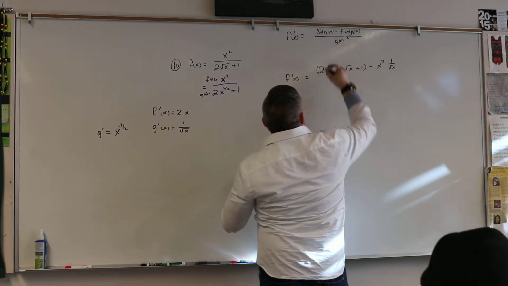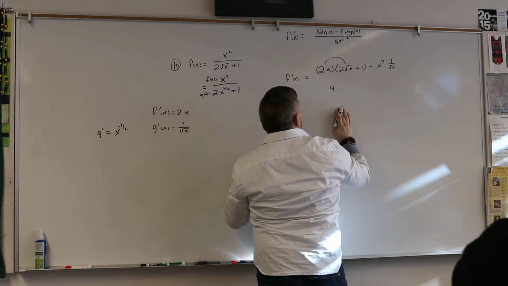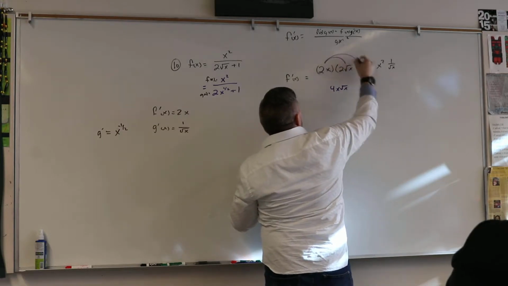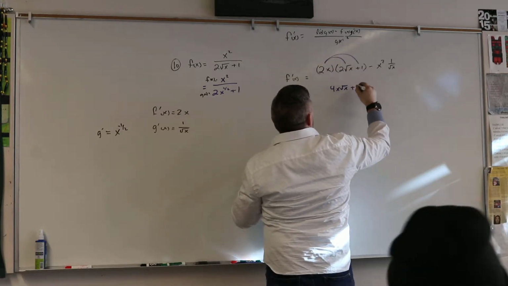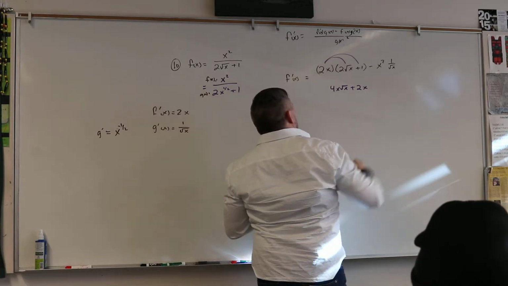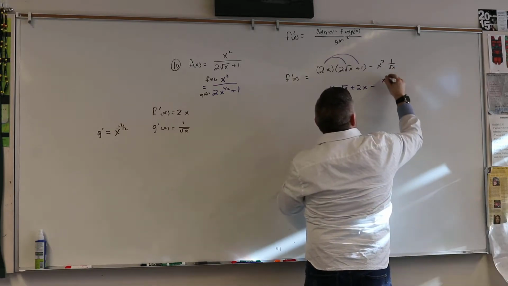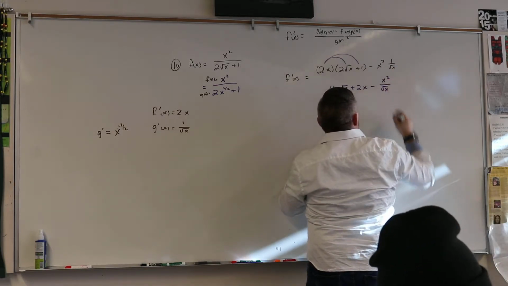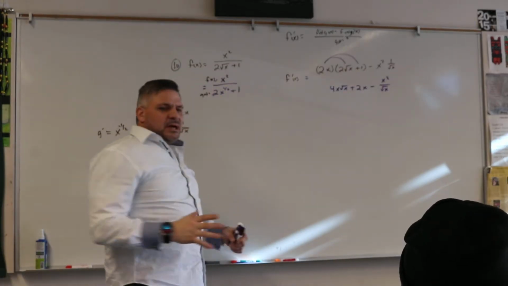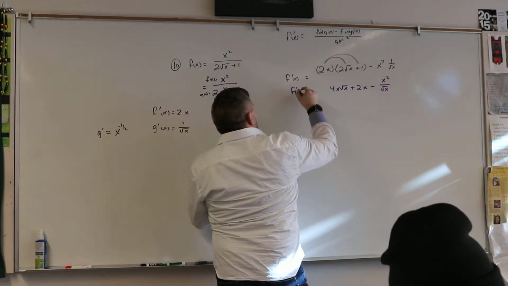Okay? And so once we put these things together, we'll see what's going on. Now I've got 2 times 2 is 4, right? And then x square root x. And then I've got plus 2x, right? Then I've got these guys together, so it's going to be minus x squared over the square root of x. Okay? So no matter what, it's a fraction, right? And that's what f prime of x is going to be equal to.